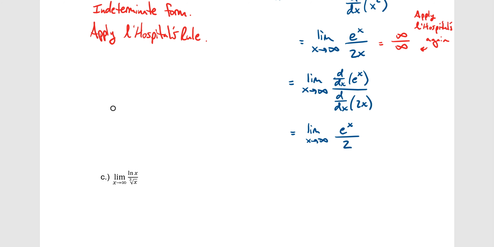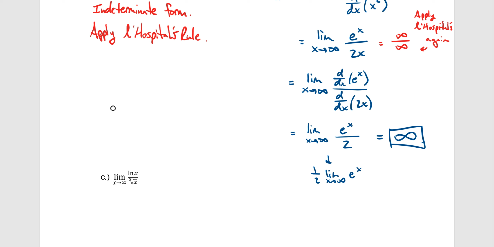So now we can actually apply direct substitution. I'm not going to actually plug in infinity. E to the infinity is obviously infinity. Infinity divided by 2 is infinity. So we get an answer of infinity. Or if you want to think of it as like this, where you bring the 1/2 out front and do 1/2 times the limit as x goes to infinity of e to the x.